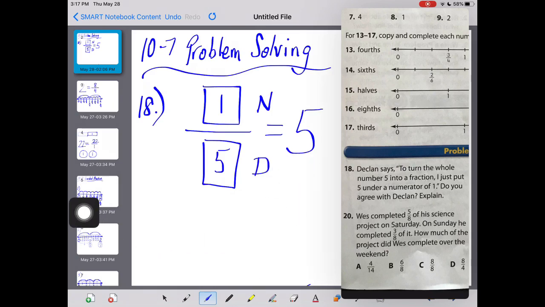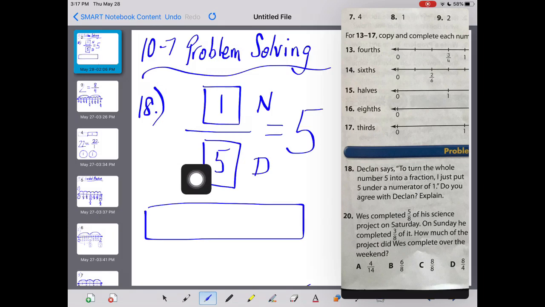Now, unfortunately, he's not correct, because 1/5 means, remember, the denominator down here says how many pieces there are in one whole. So he's taking 1, 2, 3, 4, 5.